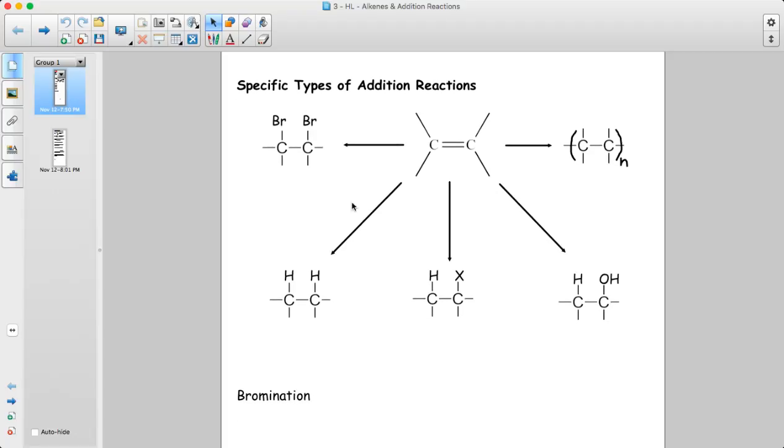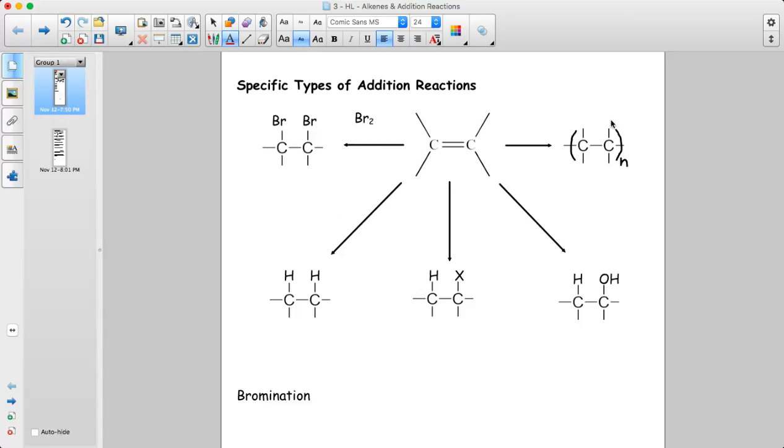Okay? So the first one that I've written here on this little chart is adding 2 bromines. That gets my favorite name of any of these reactions. It's called bromination. And no special conditions are necessary. All you have to do is add Br2 to a solution that has a carbon-to-carbon double bond, and the bromine will very quickly add across that double bond, 1 bromine to each carbon.